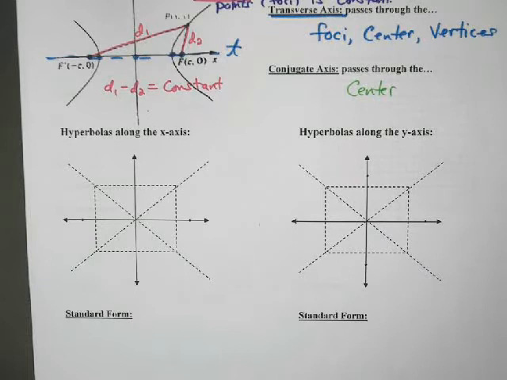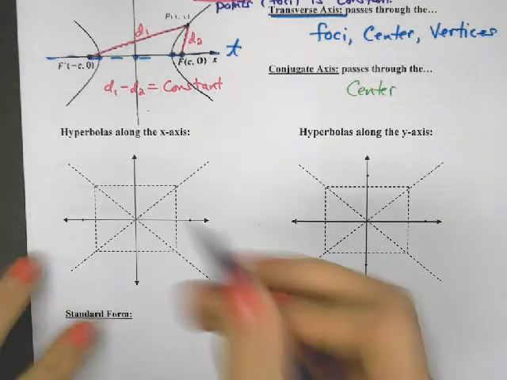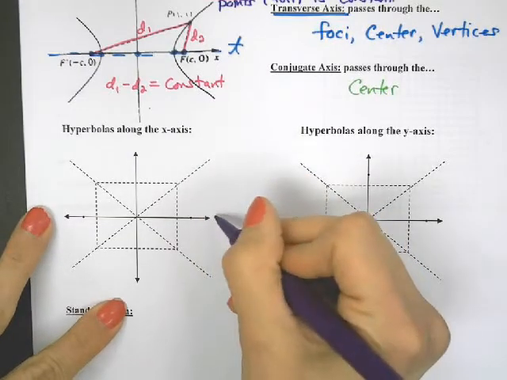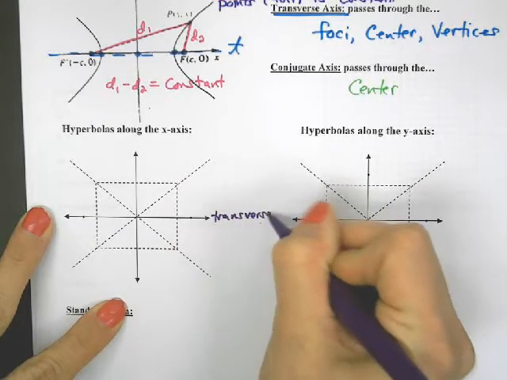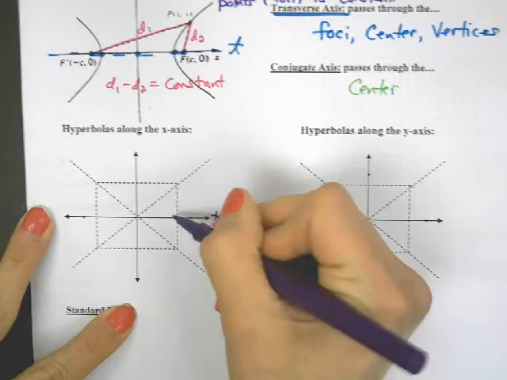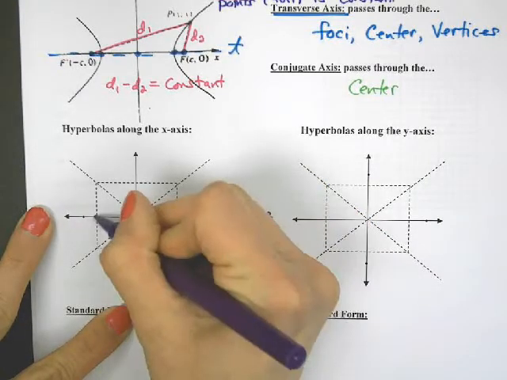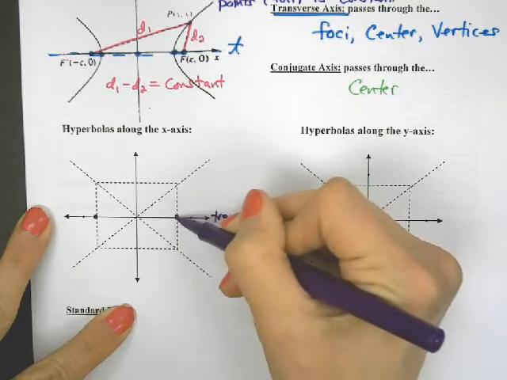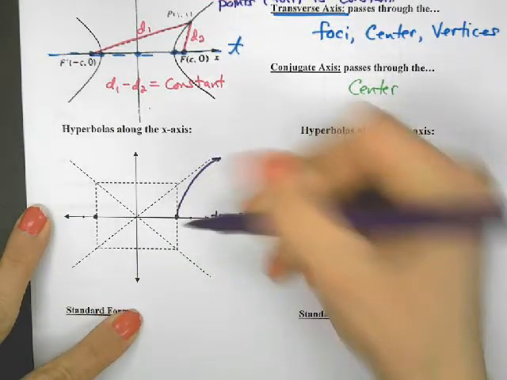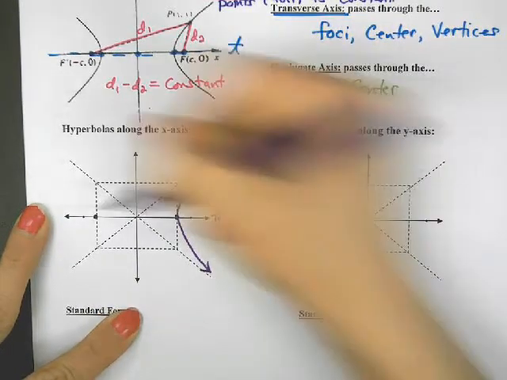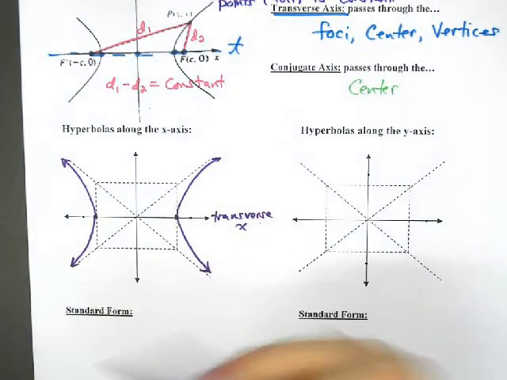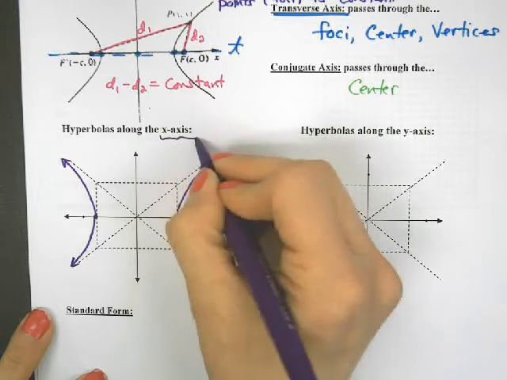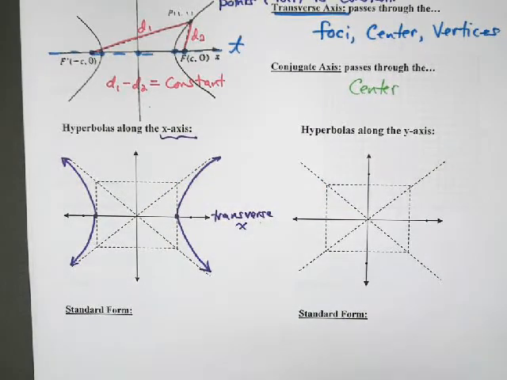Okay, there are two ways you could draw hyperbolas. If the hyperbola is along the x-axis, then the transverse is x. You've got a point right here on the rectangle, and the hyperbola follows these asymptotes, going left and right. So a hyperbola along the x-axis has a transverse of x.